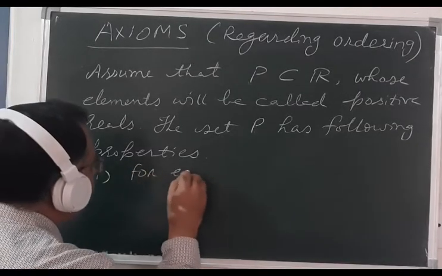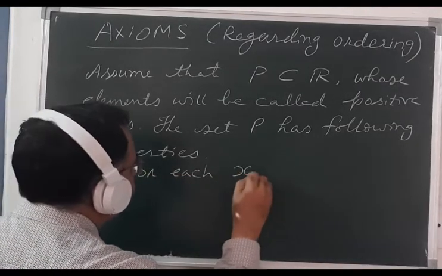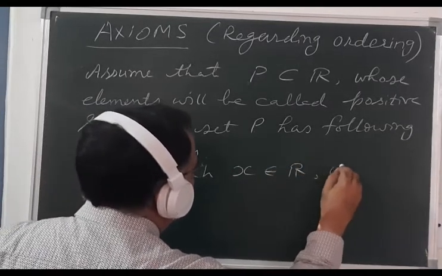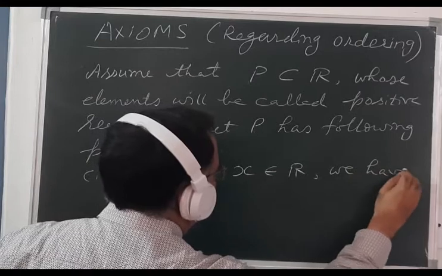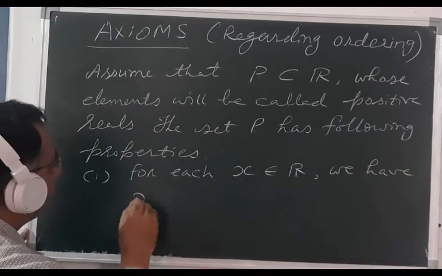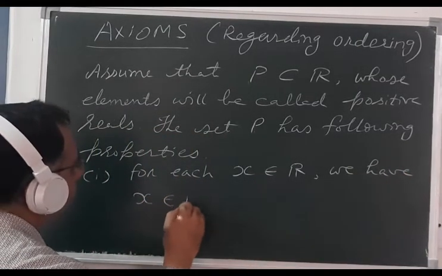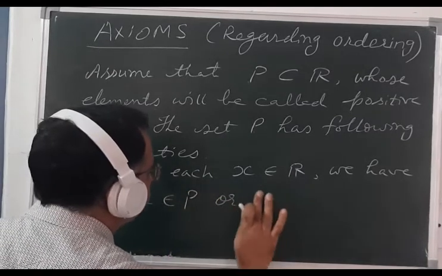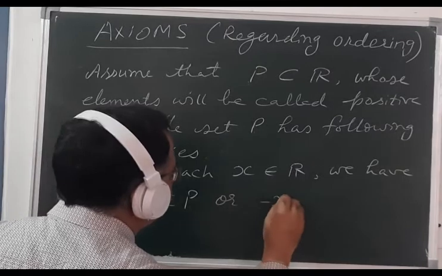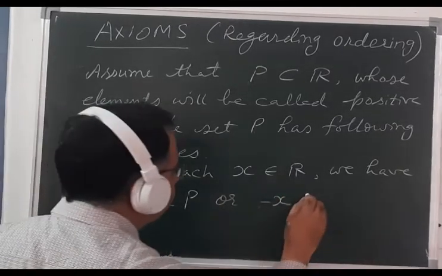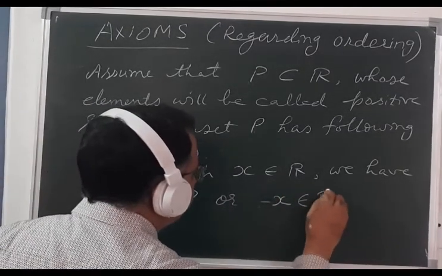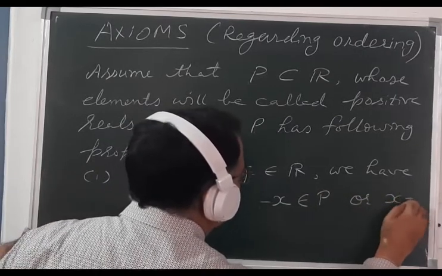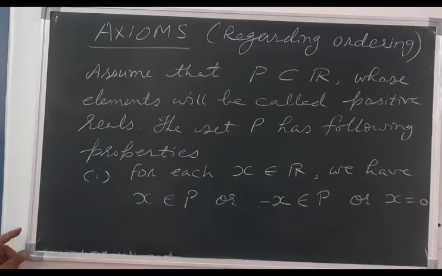For each x belongs to R, we have x belongs to P, or its additive inverse belongs to P, or x is equal to 0.